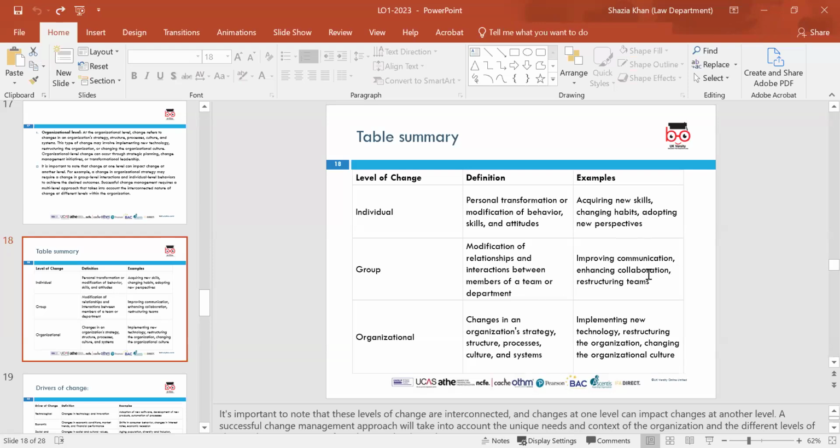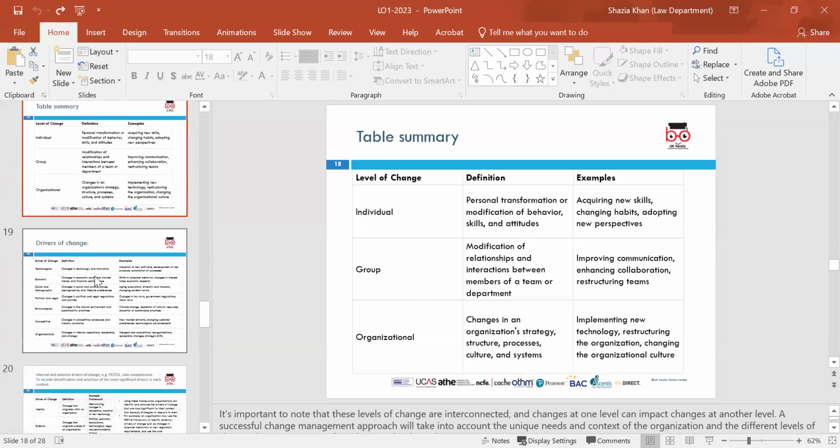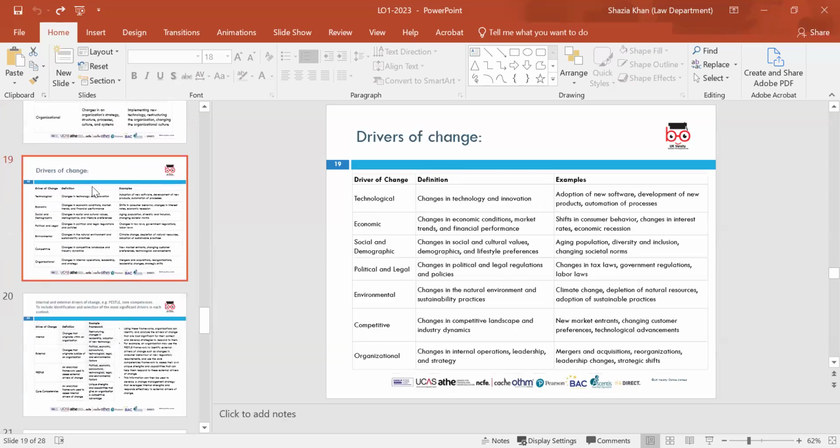Examples are improving communication, enhancing collaboration, restructuring teams. And the organizational level of change is changes in the organization's strategy, structure, processes, culture, and systems. Examples are implementing new technology, restructuring the organization, and changing the organizational culture. So that table just gives you a little bit of an overview.